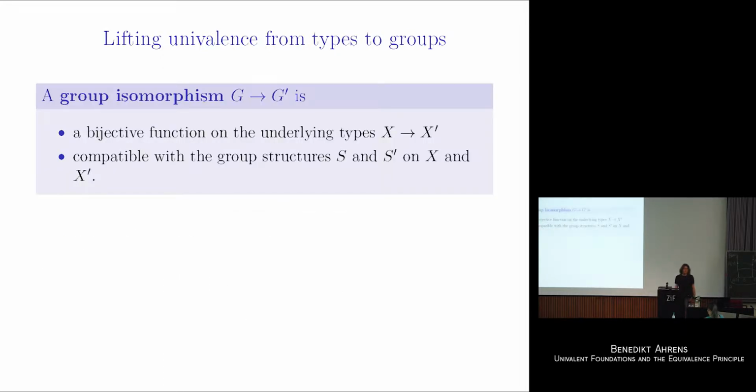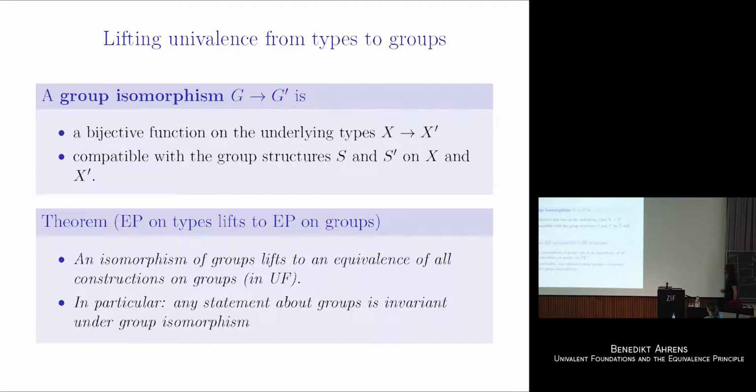What is a group isomorphism? A group isomorphism is a bijective function on the underlying types or sets from X to X prime that is compatible with the group structures S and S prime on the carriers. And then a theorem that I will show in more detail on the next slide is the following.